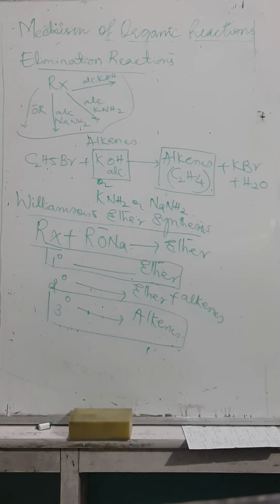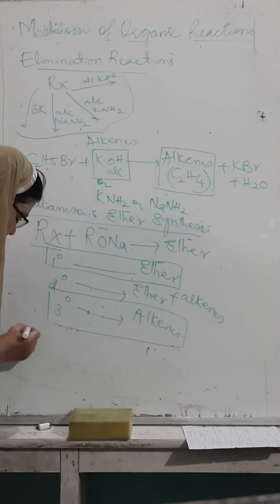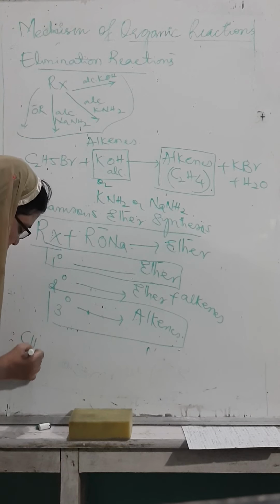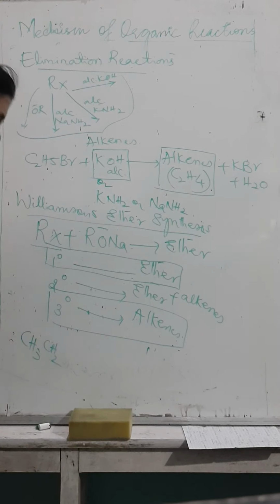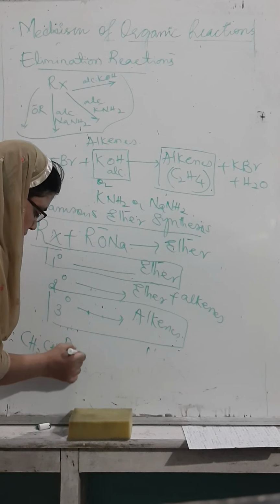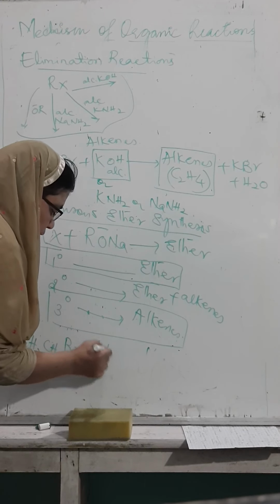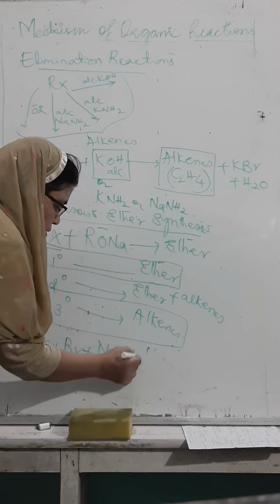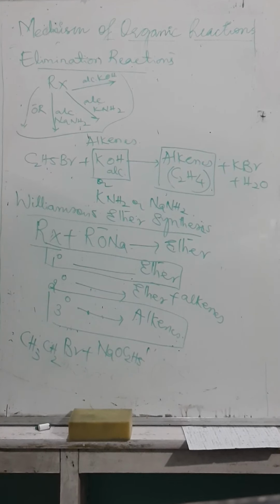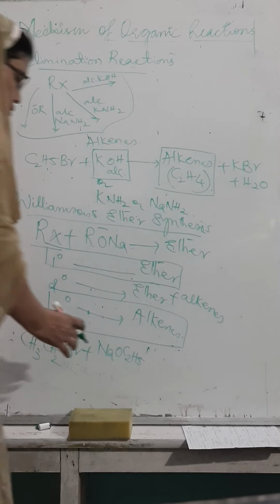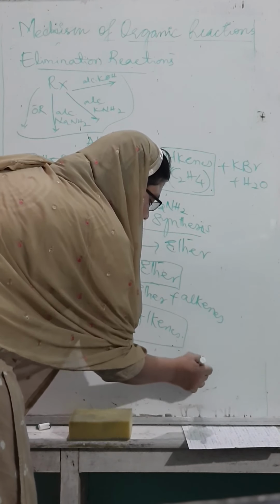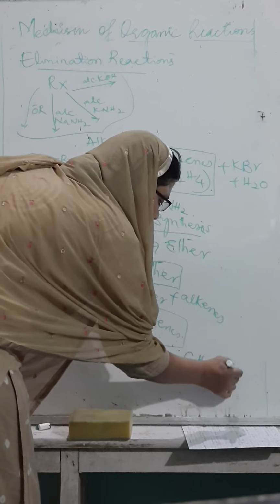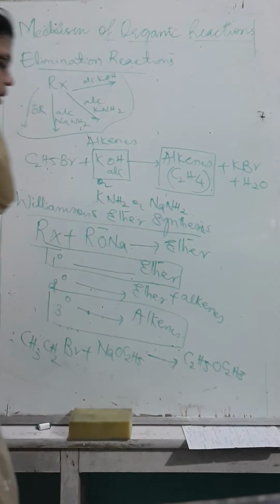Shall we go to one of the examples? Let us take CH3CH2Br, ethyl bromide, heated with sodium ethoxide. Then the product is diethyl ether.